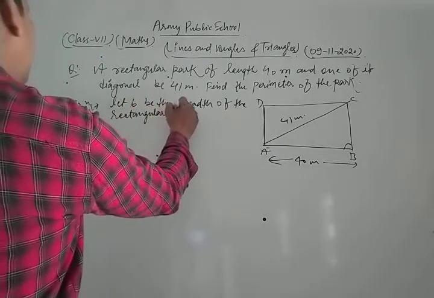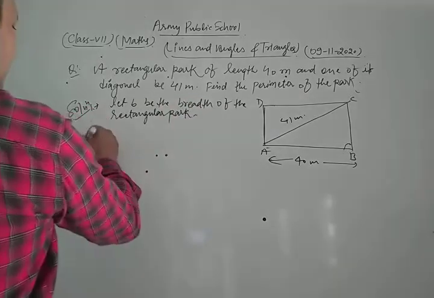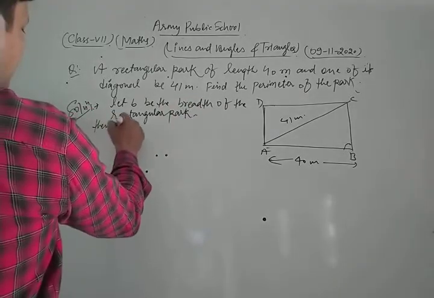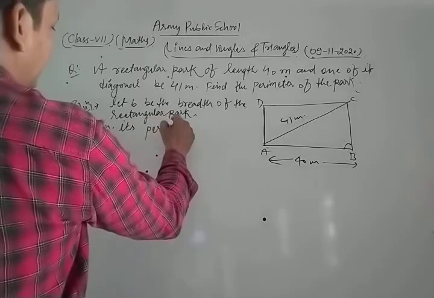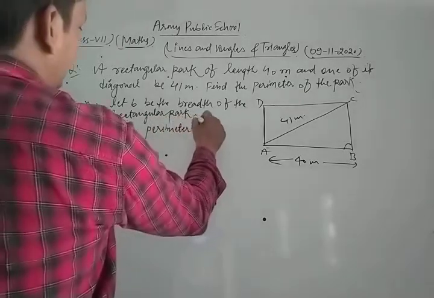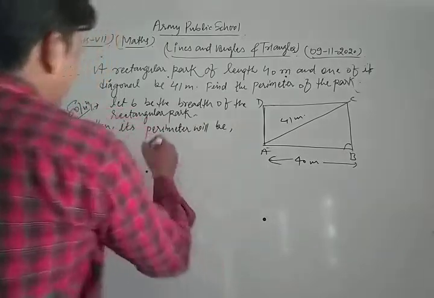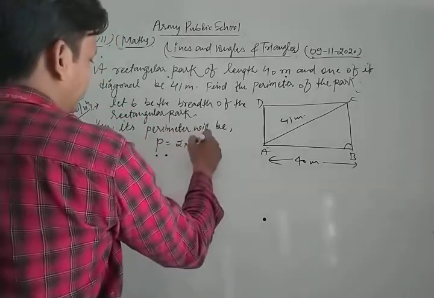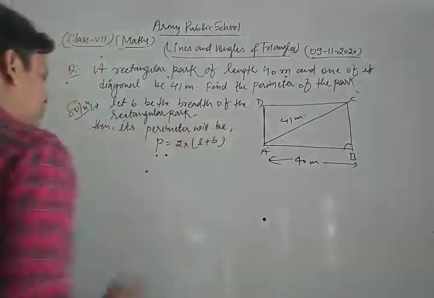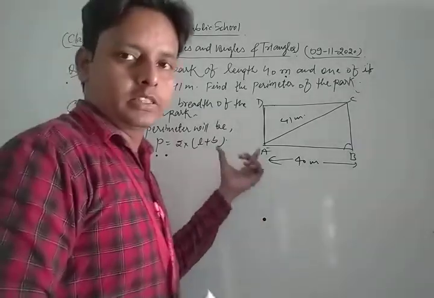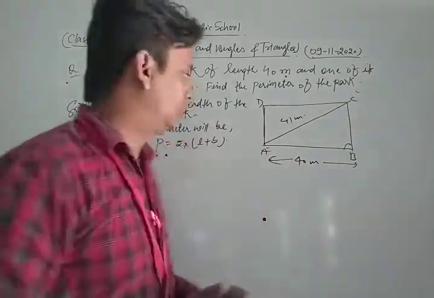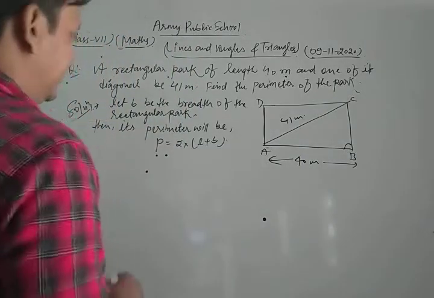Then its perimeter will be P is equal to 2 multiplied by L plus B. This is the formula for the perimeter of the rectangle. Okay, now look here.